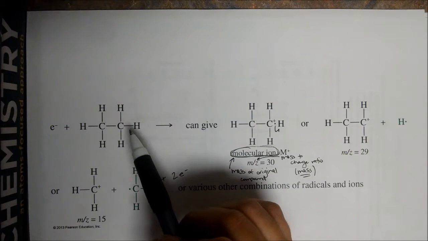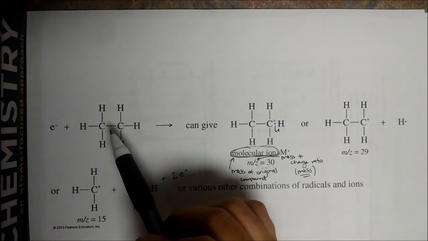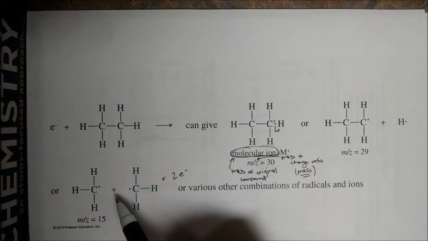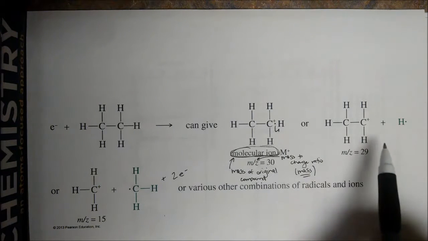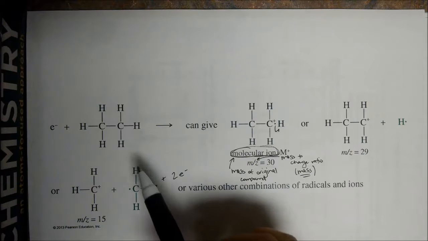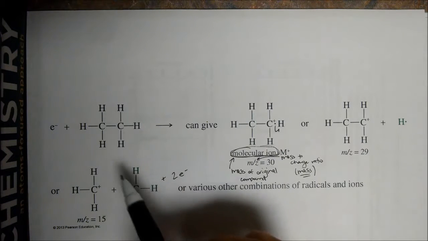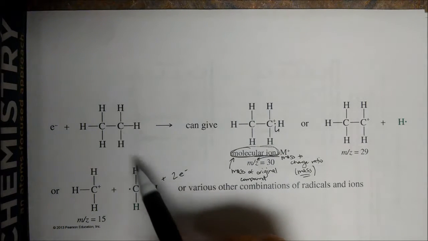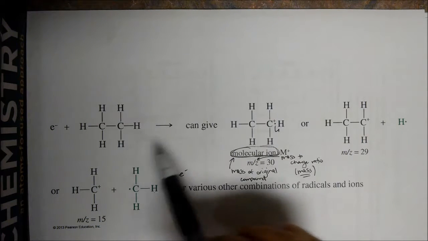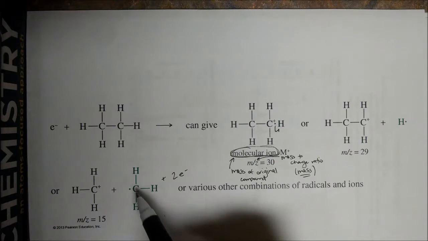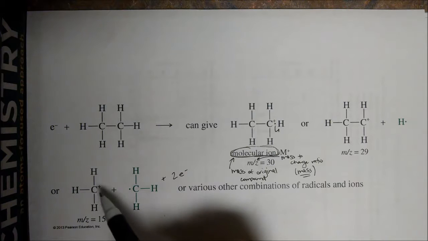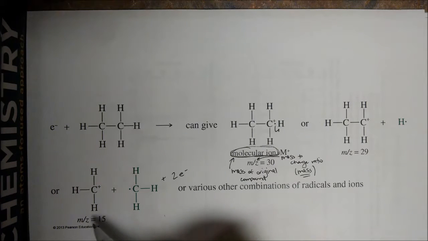But another thing that could happen: why only pop out an electron from this bond? Why can't we pop out an electron from this bond? Sure, that can also happen. We can also break this bond, kind of like we did here. So we could have this radical and leave a formal carbocation behind, and this has a different mass now.